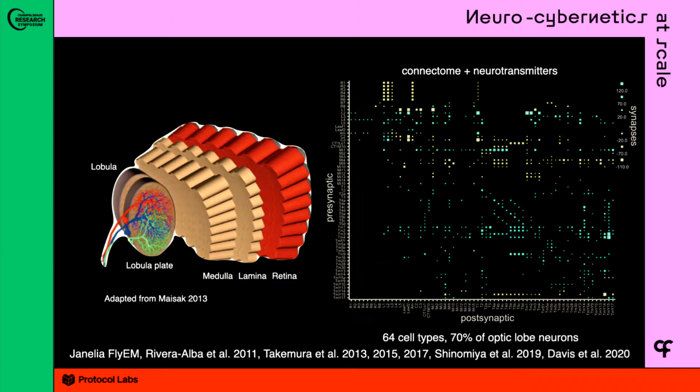The second thing to notice is that there are these squares. They have different sizes, and they also have different colors. We curated a data set of gene expression data across these different cell types to make predictions for whether a cell type was excitatory or inhibitory, based on the neurotransmitters that they make, as well as the receptors expressed on the postsynaptic side. So for each of these connections, we know whether it's excitatory or inhibitory.